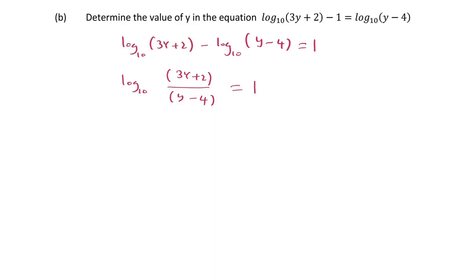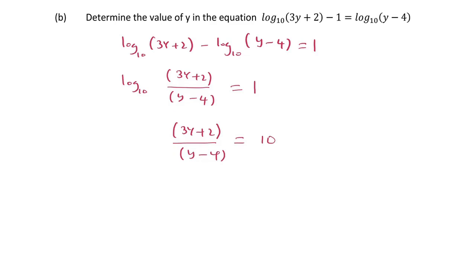Okay, so next let us express the equation in an exponential form. Then our equation is going to be in brackets 3y plus 2 over in brackets y minus 4 equals to 10. Okay, so next let us cross multiply this equation.